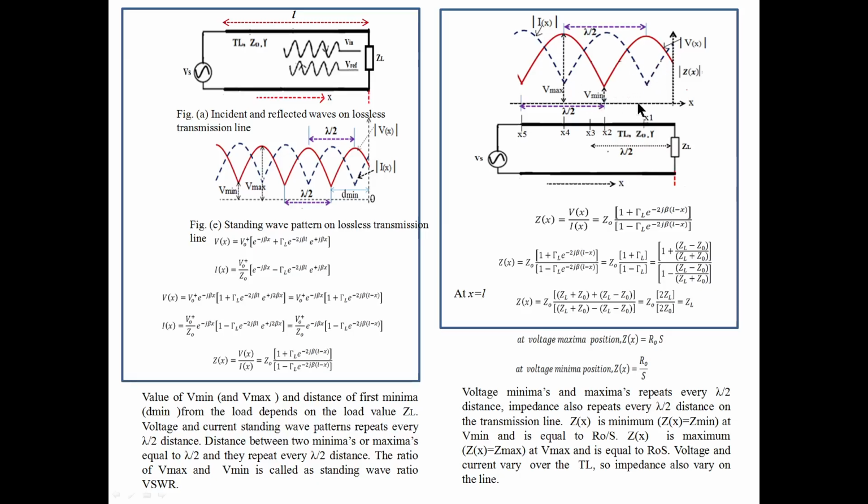For example, from here to x3 is lambda by 2 from the load. All possible impedance variations will take place as you move like this. Starting from here, we come across a maximum value of impedance, it decreases, and further, as you reach lambda by 2, this value ZL will repeat at x3.